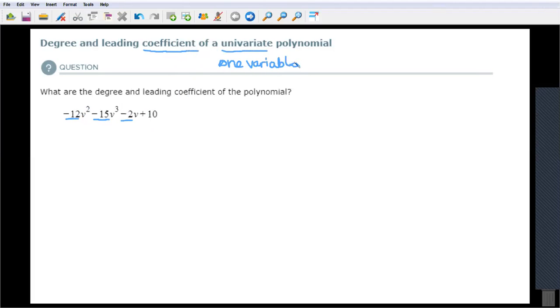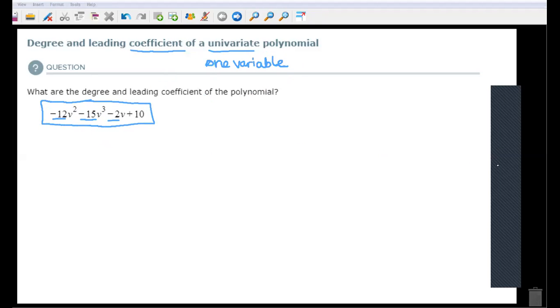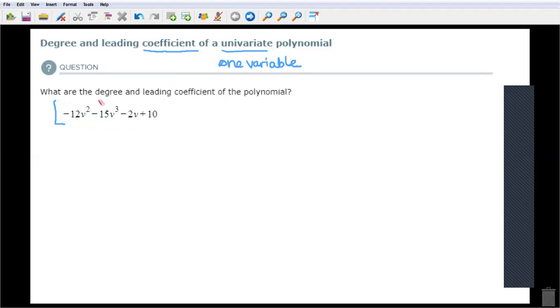We're going to get to some in the next day or two that have two variables. So that will be a multivariate polynomial. So what we're looking at here, if you take a look at this polynomial that we're given, it says what are the degree and leading coefficient of the polynomial. So what I want you to think about is degree is basically going to be defined as your highest exponent.